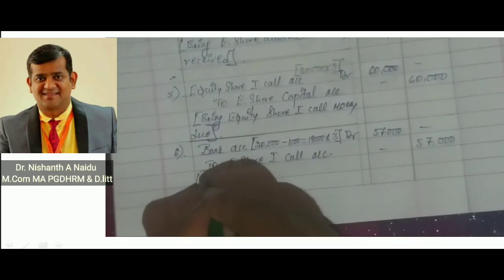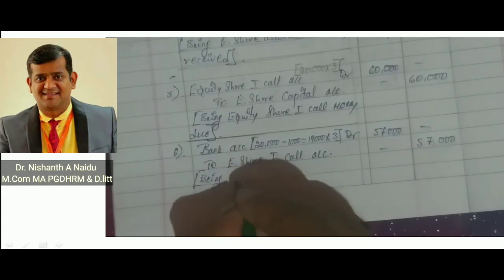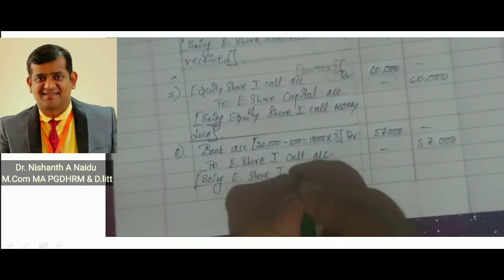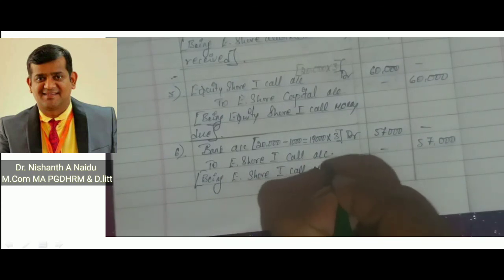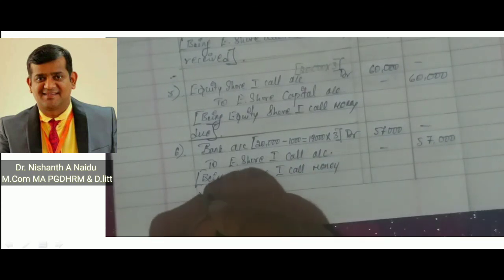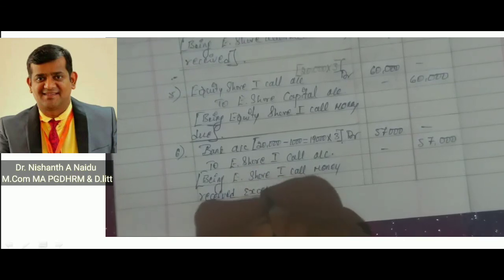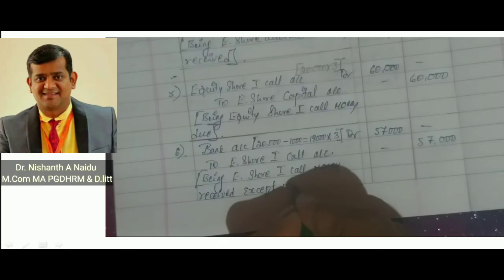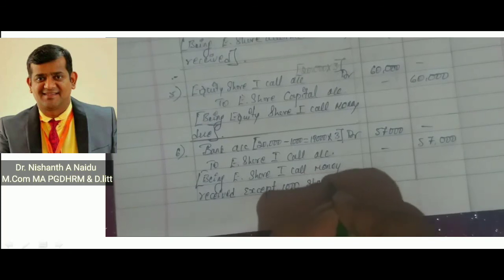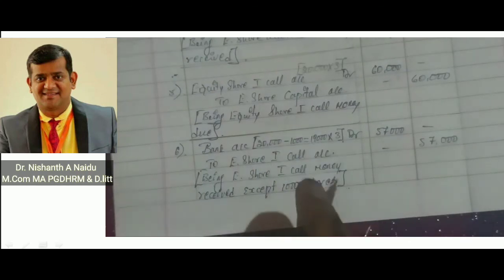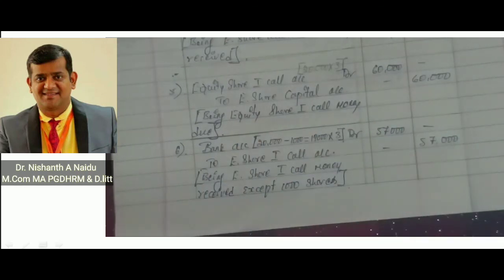Now write the narration: being equity share first call money received except 1000 shares. Understood? So the 1000 shareholder has not paid first call money. This is the one step advance which you have to understand.